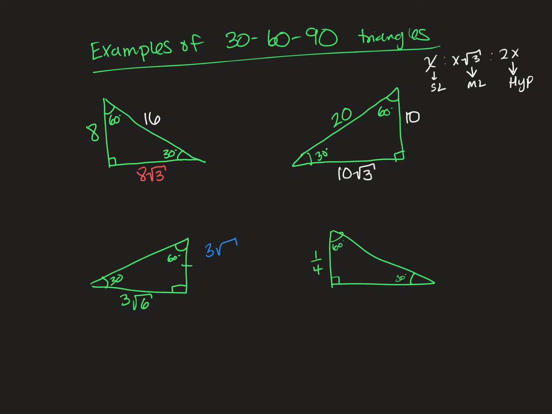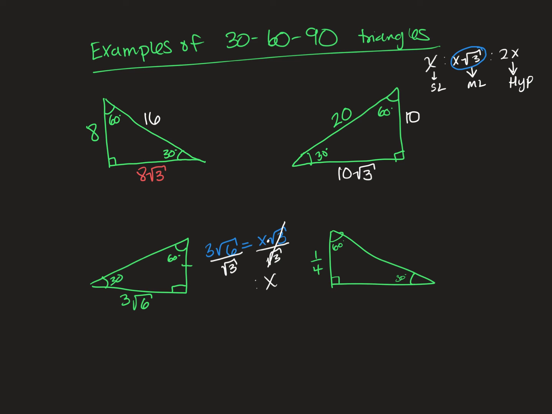So we have 3 square root of 6 equals, and our ratio is x square root 3. Now, remember that x is being multiplied by the square root of 3, so we can divide by the square root of 3 on both sides. Square root of 3 divided by square root of 3 is 1, so we have x.